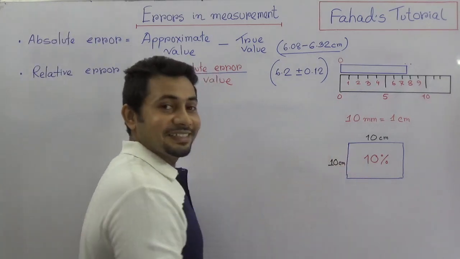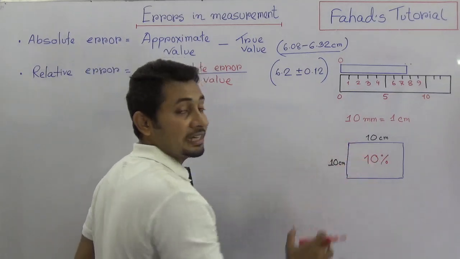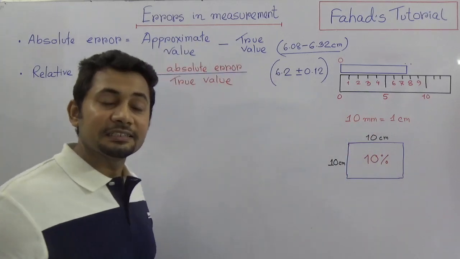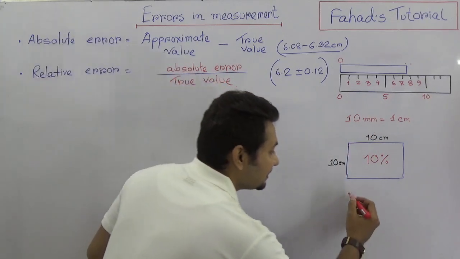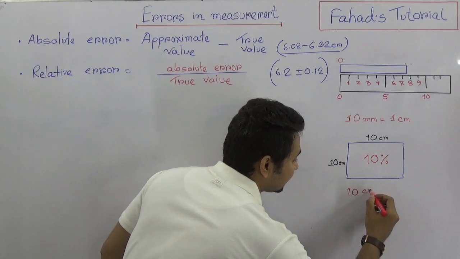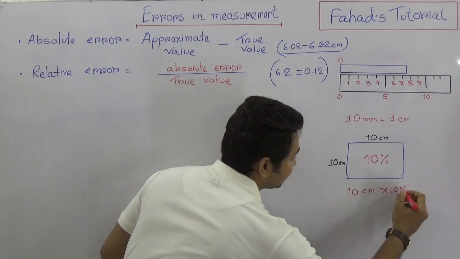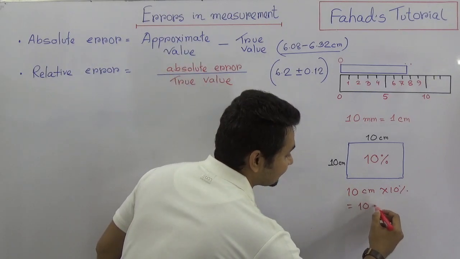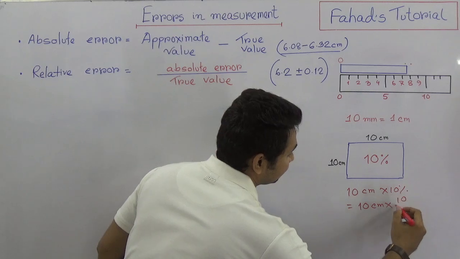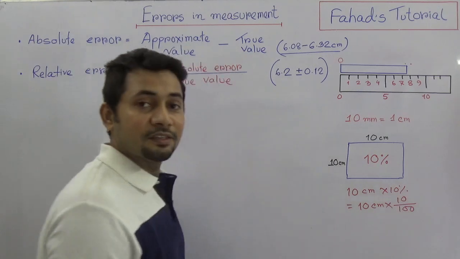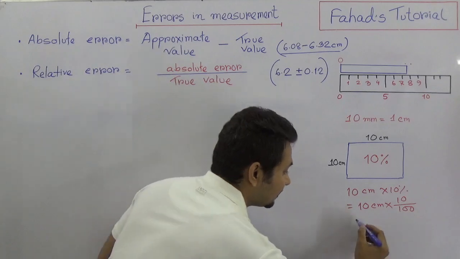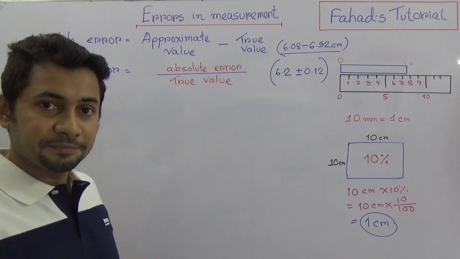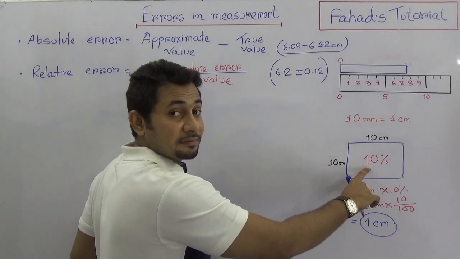If it is a 10% error, and the given length is 10 centimeter, then 10% of 10 centimeter is 1 centimeter, because 10 centimeter times 10 divided by 100 is 1 centimeter. So we got 1 centimeter absolute error on both sides, as 10% is the error.